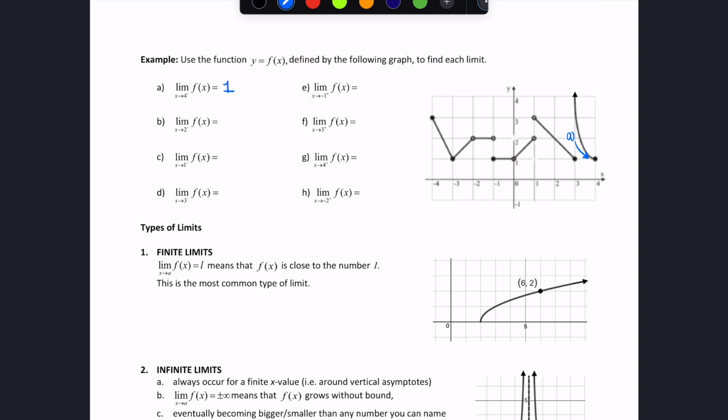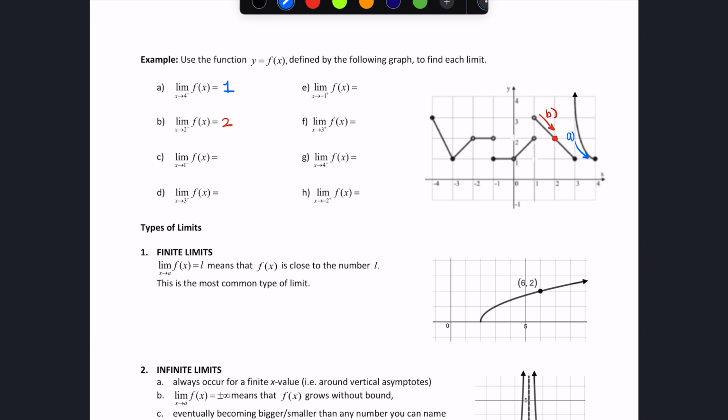The limit as x approaches 2 from the left side as well. So I'll do this in red, and that's B. That will be equal to 2, which will be right here. The limit as x approaches 1 from the left side.